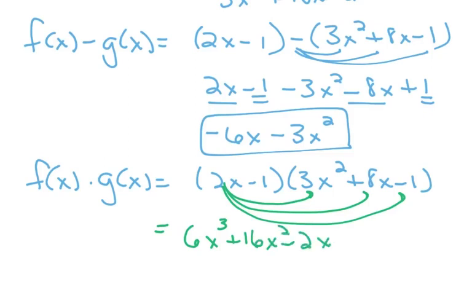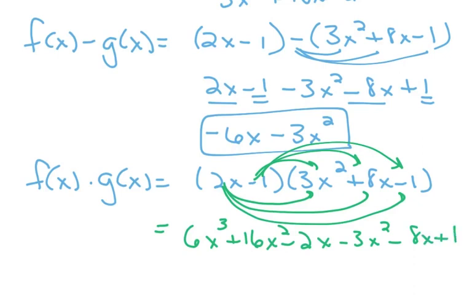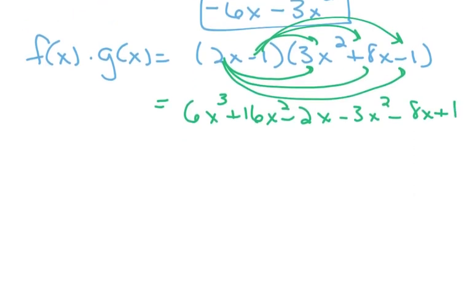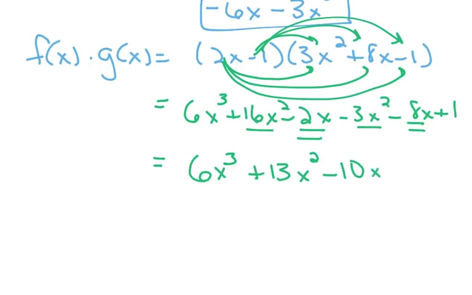Sorry, this should be 16x squared. And then distribute the second term. You would get negative 3x squared, negative 8x, positive 1. And then you can combine your like terms. These are like terms. These are like terms. So the final answer would be 6x cubed plus 13x squared minus 10x plus 1.